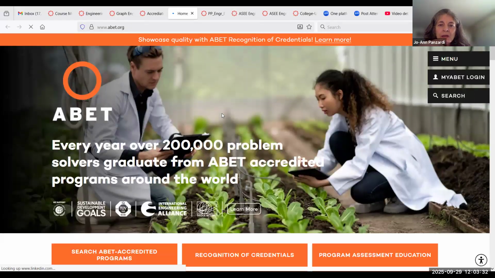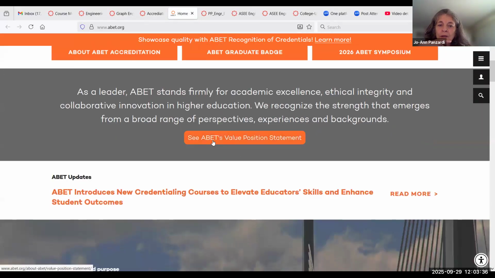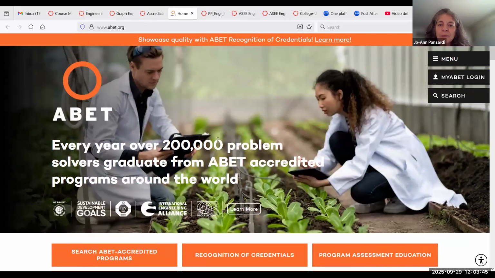ABET stands for Accreditation Board for Engineering and Technology. So what does that mean? It's a national organization that comprises working engineers, CEOs, engineering faculty, deans, a bunch of folks that go out to each engineering program at a university to decide whether they feel that they should be ABET accredited or not.